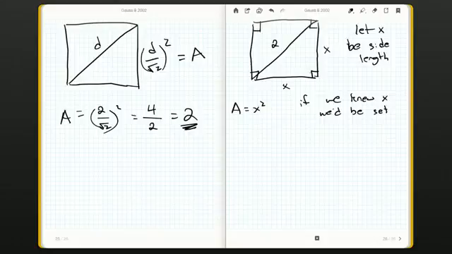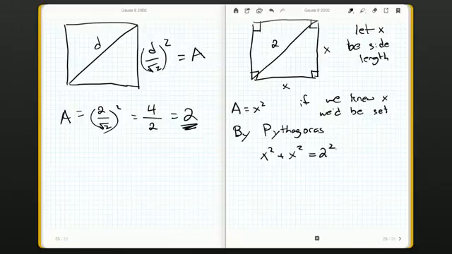But I have a right angle triangle here. So, by the Pythagorean theorem, I know that x squared plus x squared should be 2 squared.